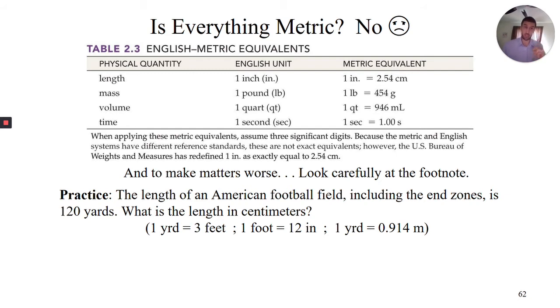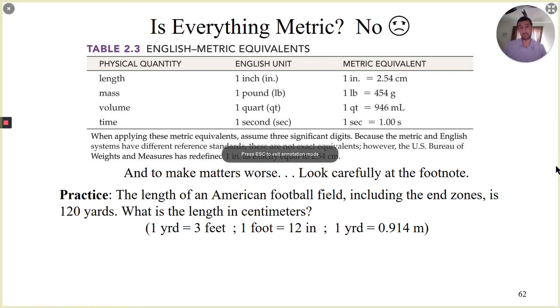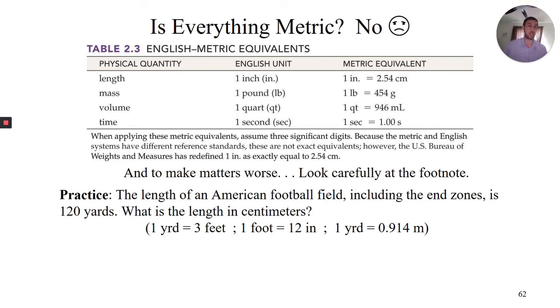Each of those conversions is assumed to have 3 significant figures. Yeah, sig figs comes back. This one has 3 sig figs. 3 sig figs. And then this one's infinite because it's the same unit. Okay? But these kind of between unit systems conversions are assumed to have 3 sig figs.